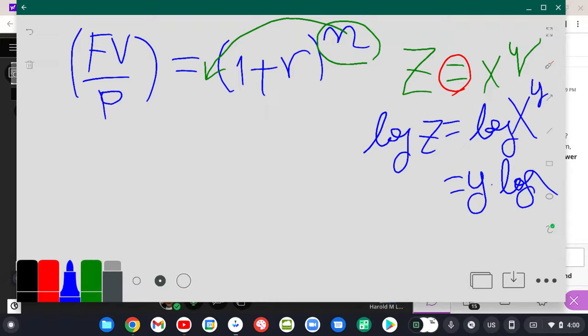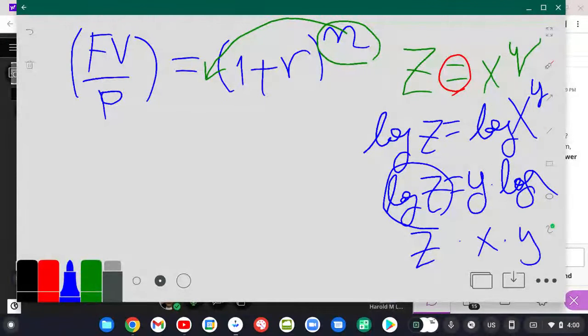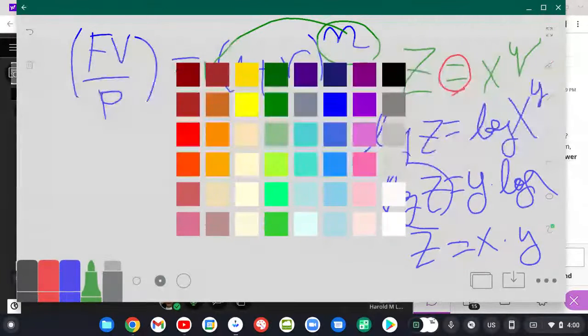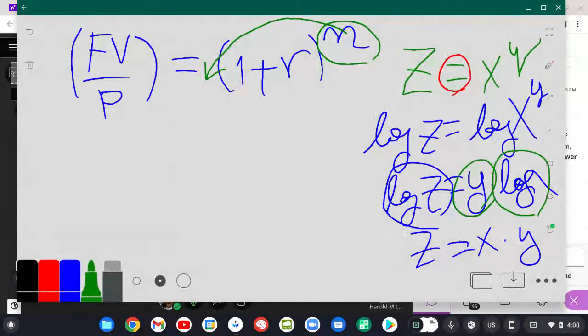And then this becomes, once again, z equals x times y structure, and y is our unknown.